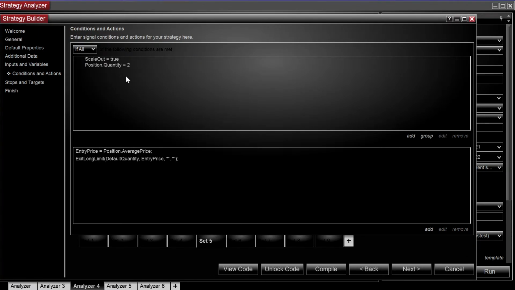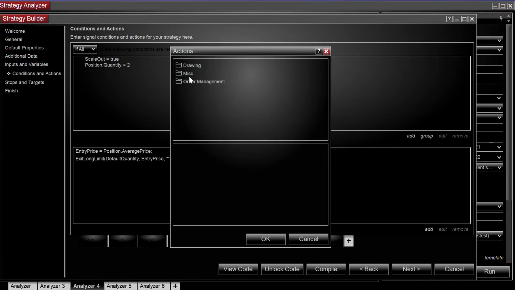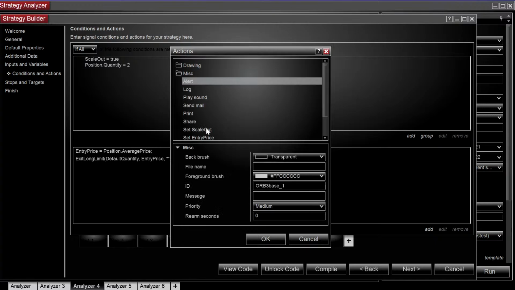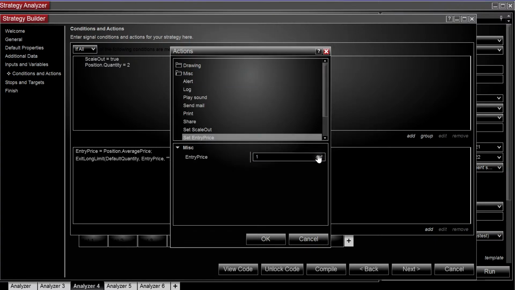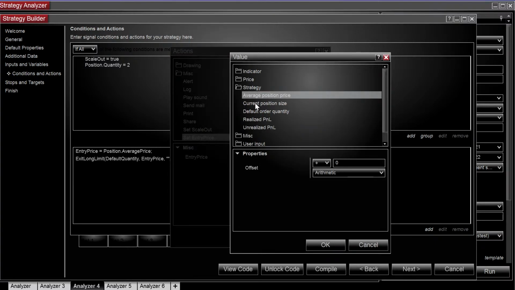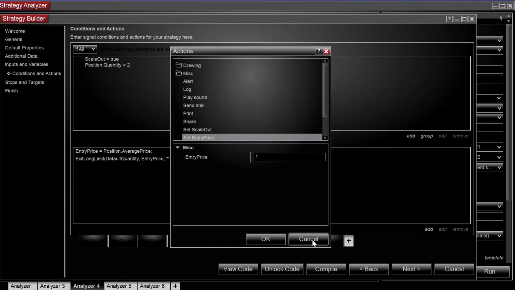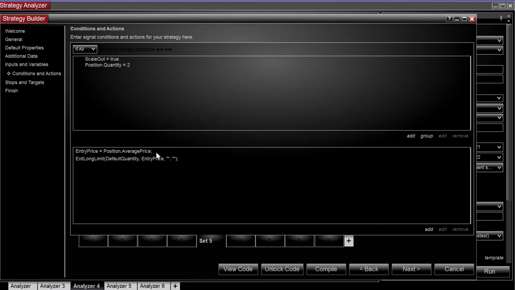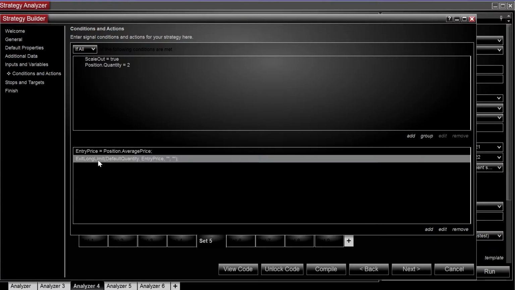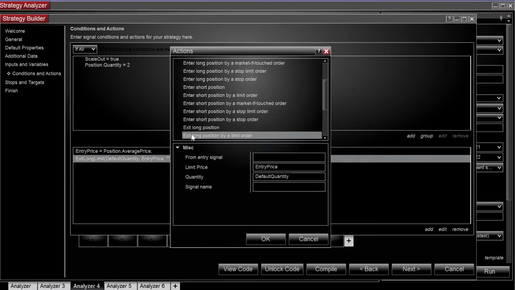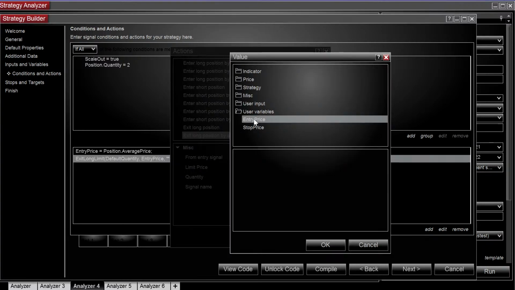So when these things occur, we set the entry price to our current position or our average position price. And that's how you'd get that. And then we set another one where we exit long position by a limit order, and set the limit price as our entry price.